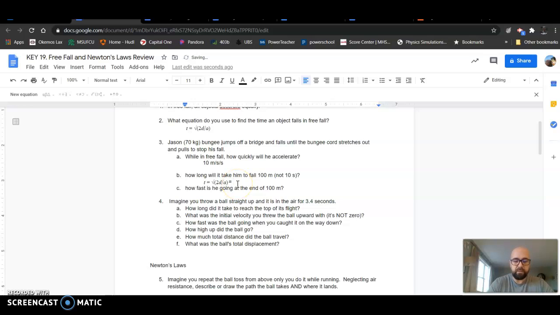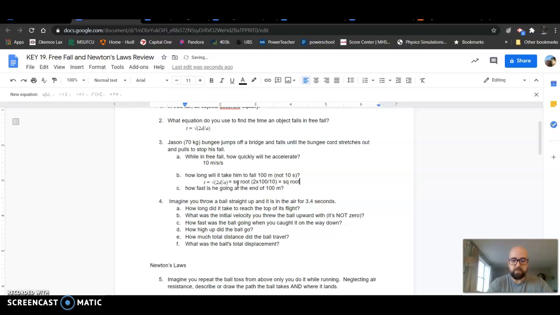So now I'm going to just type square root because it's easier. So square root of 2d, so 2 times 100, and that is divided by acceleration of 10. So 2 times 100 divided by 10, the square root of that.